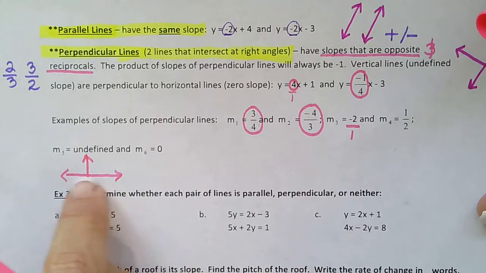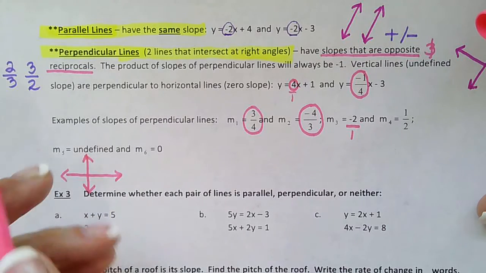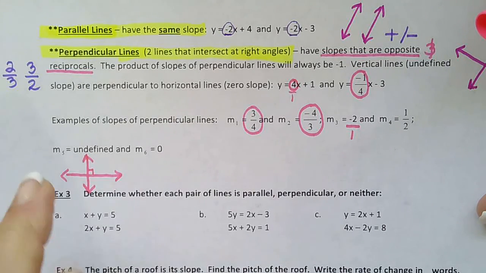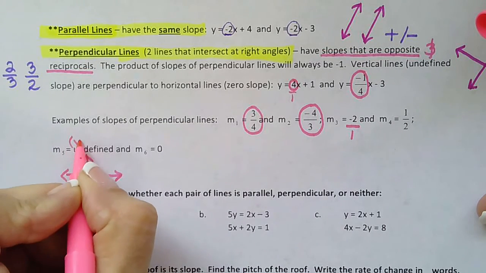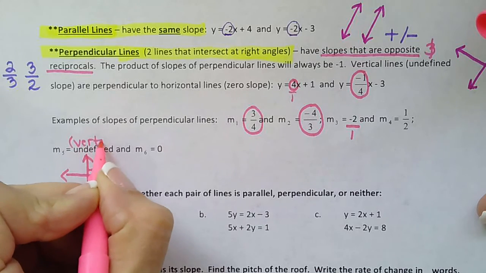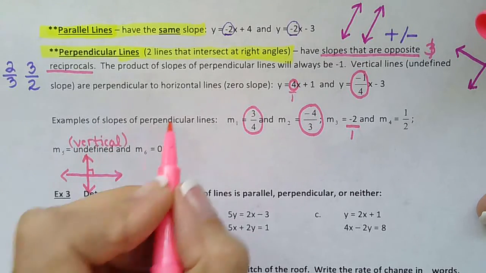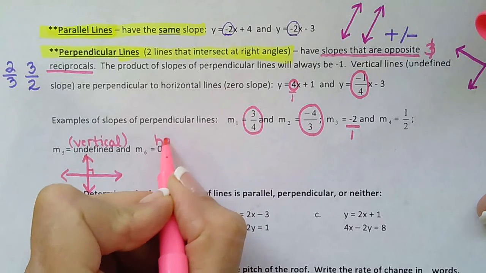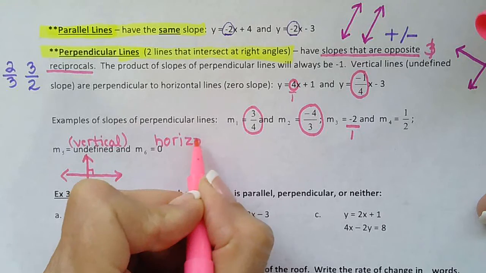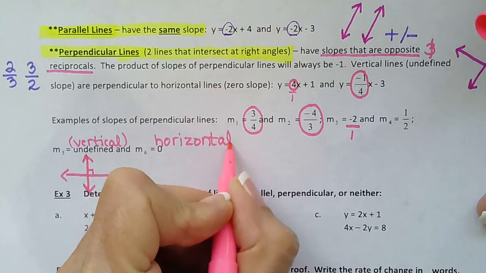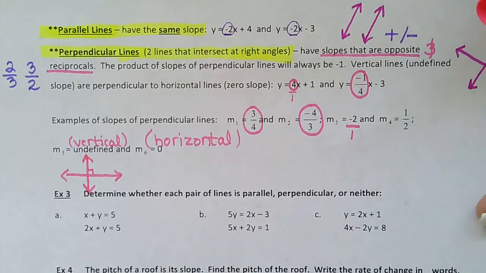So every horizontal line will be perpendicular to every vertical line. This is vertical, we learned on the last page, and this is horizontal. Whenever the slope is 0, it's always a horizontal line. Whenever the slope is undefined, it's always vertical.